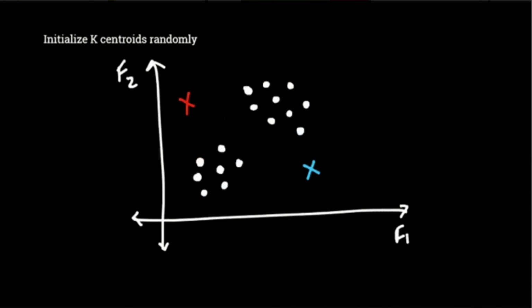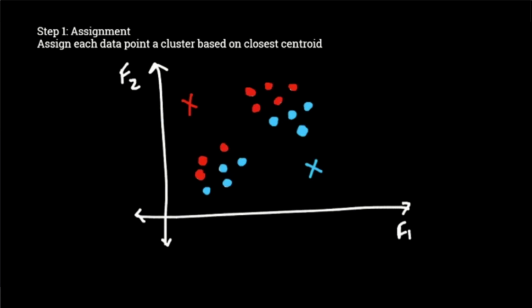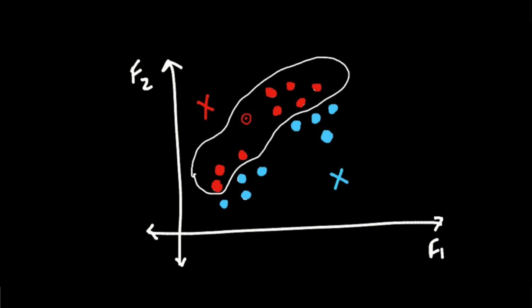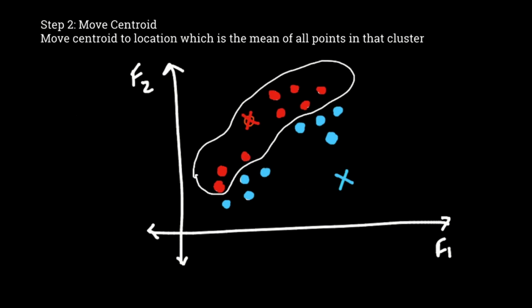We did the first step over here, right? We initialize k randomly. The first step is done. We assigned colors, right? We said which cluster I belong to. The second step is to see what all points are there in this cluster, take the mean of all those points, and then move my x to that point. So this is what we are going to do in the next step.